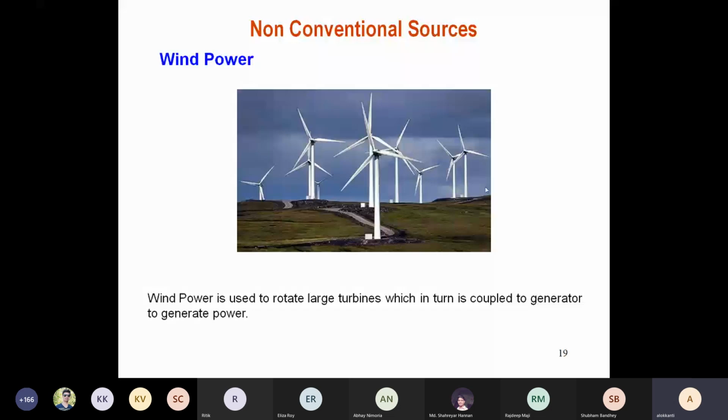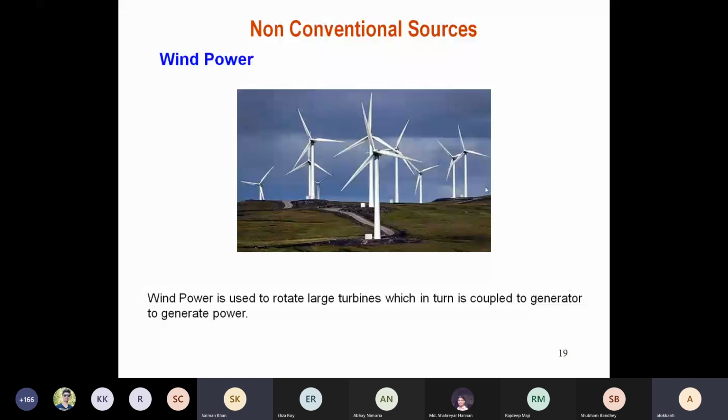What is being done is wind power is used to rotate huge turbines, which in turn are coupled to the generator to generate power. These are non-conventional sources, so there is no pollution. You just use the wind to rotate it and generate power.